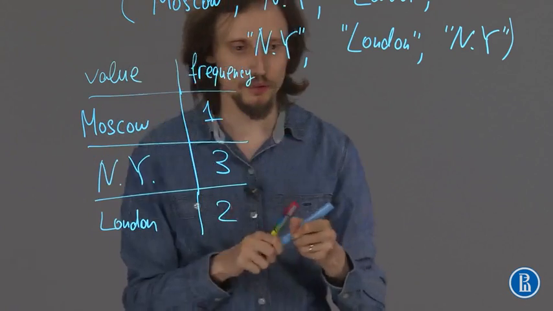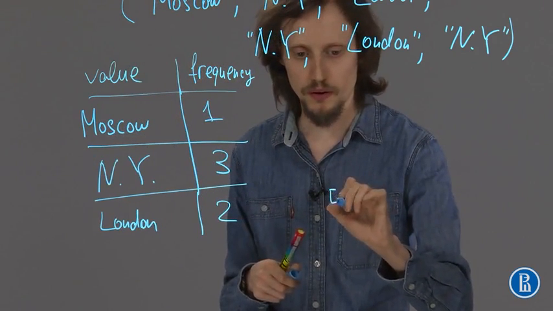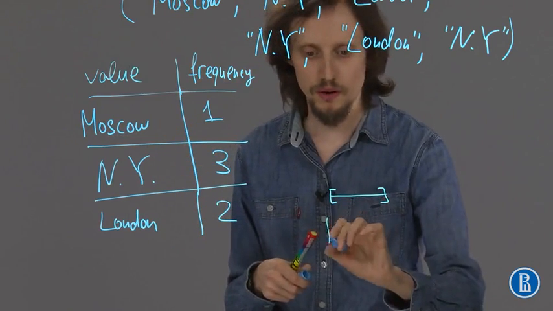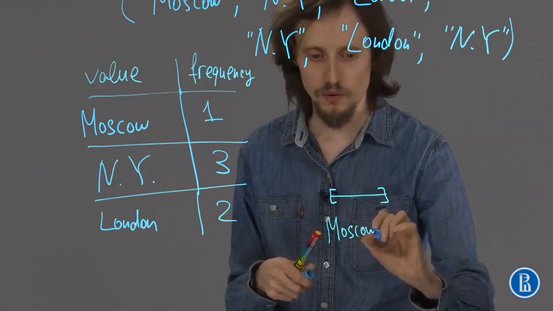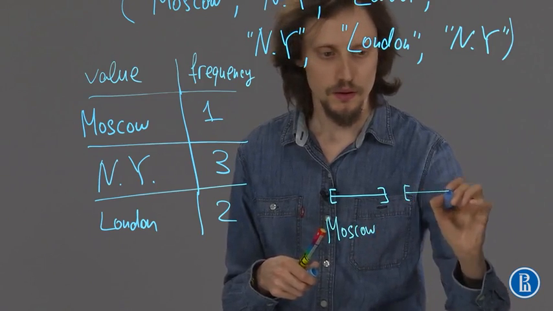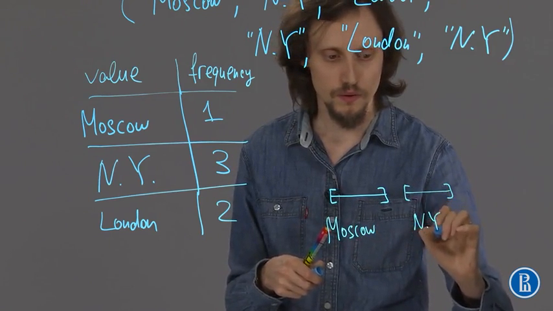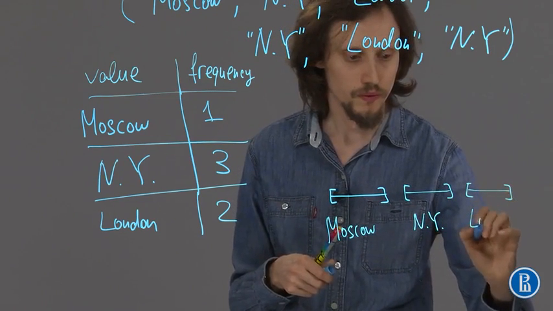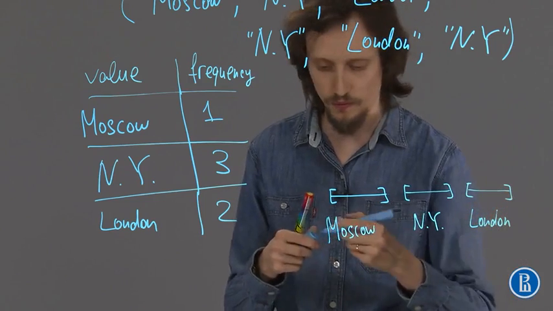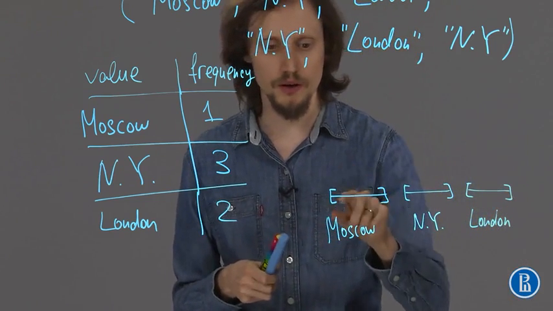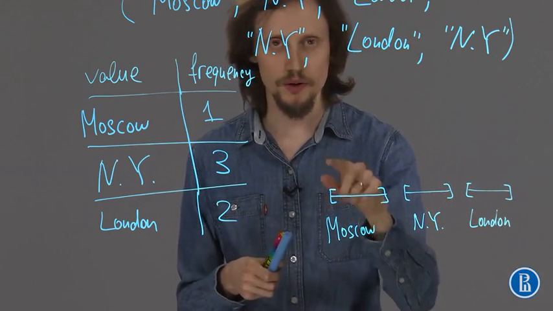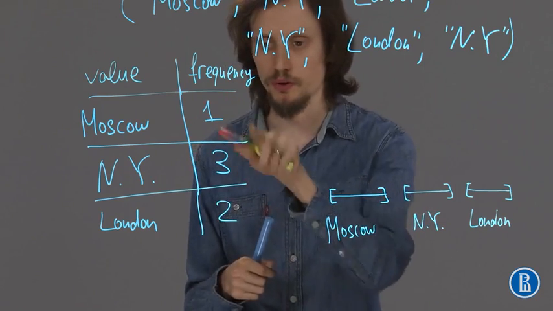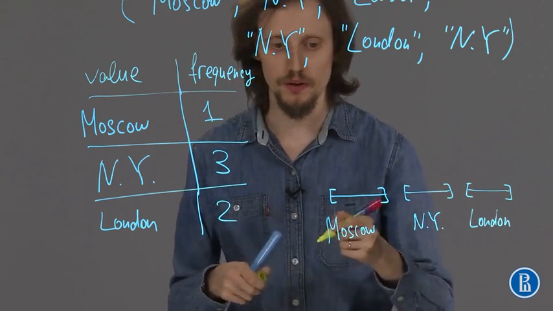So we have to draw some segments that correspond to each of the values here, like here Moscow, here New York, and here London. And then over each of these segments I draw a rectangle whose height is proportional to the corresponding frequency here.